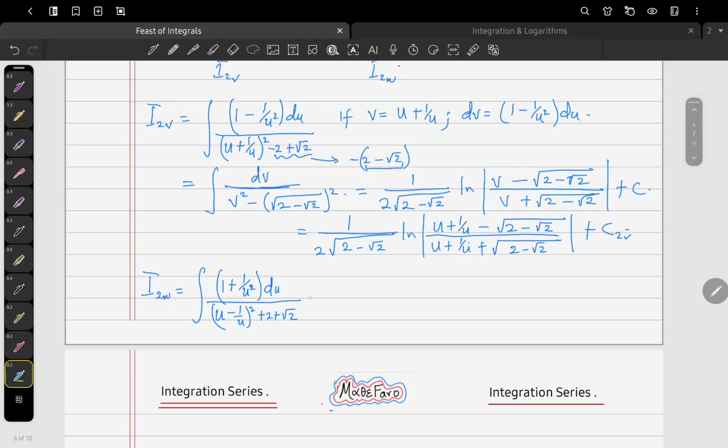So if w is u minus 1 over u, then dw is 1 plus 1 over u squared du.